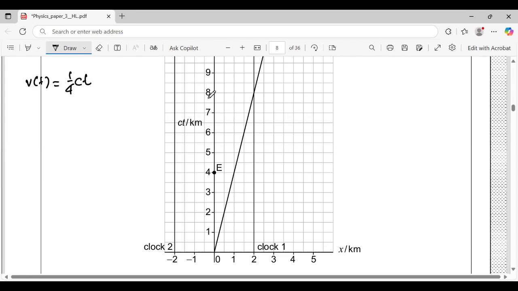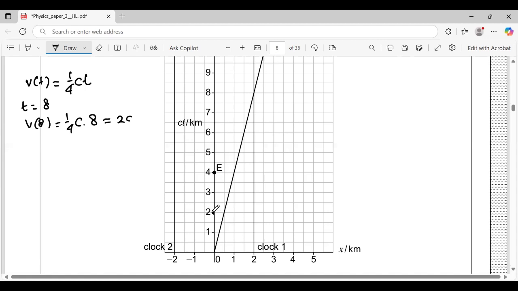So when t equals 8, x equals 1/4 c times 8. Okay, so it is 2c, because 8 times 1/4 is 2c.